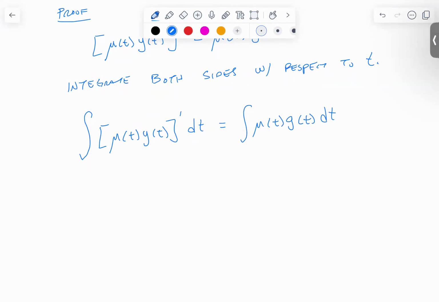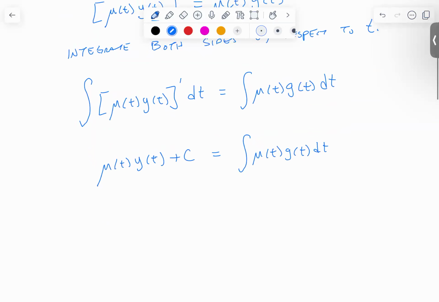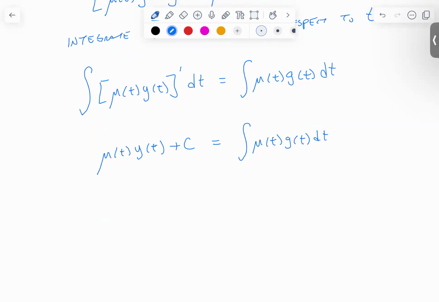So over here, this one just drops away because it's the integral of a derivative. And then we have a plus c over here. And then I can move it to the other side because I don't want it on this side.